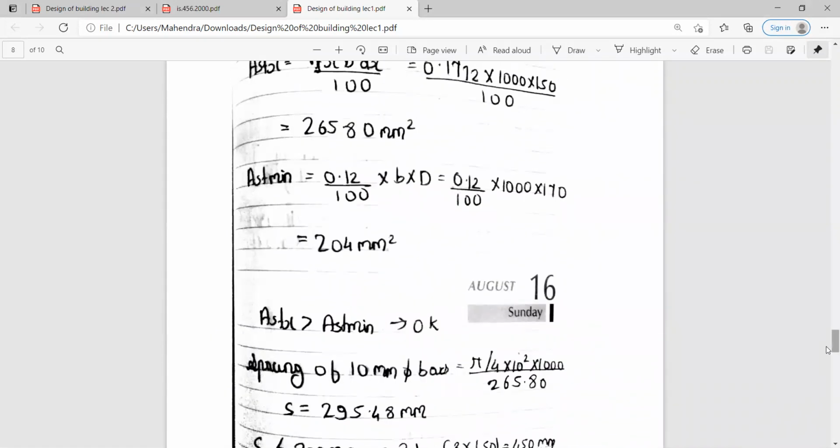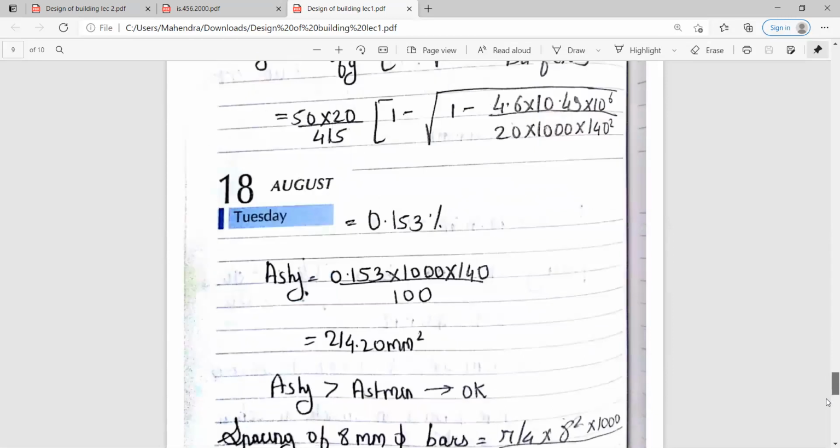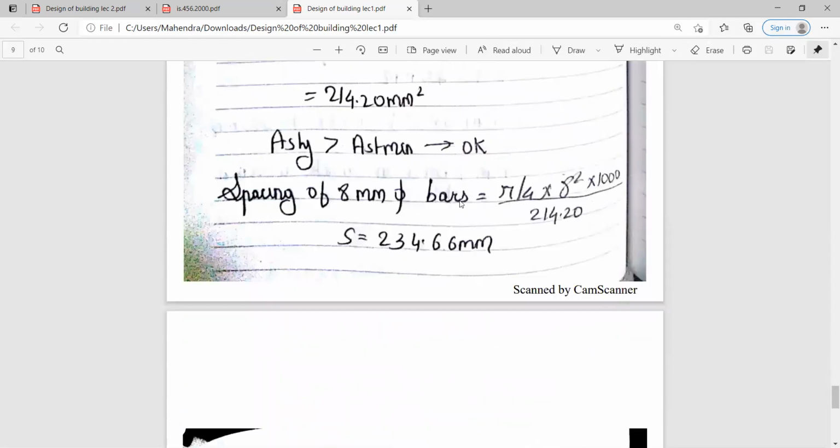You had got 204 mm square, that is 0.12% of B into capital D. So 0.12% of B, where B is 1000 and D is 170. So ASD minimum is 204 mm square. So as ASDY, that is ASD for the longer direction, is greater than ASD minimum, your design is okay.